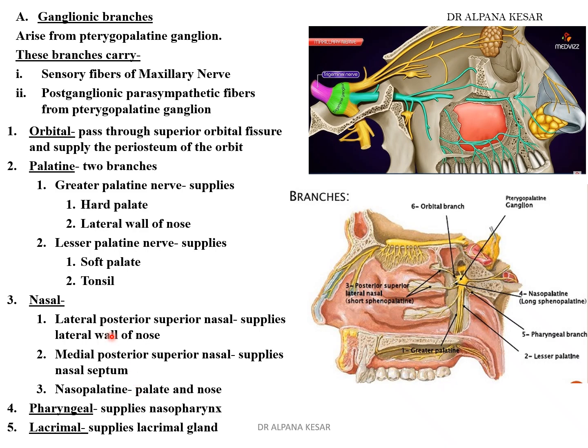The lateral posterior superior nasal supplies the lateral wall of nose. Medial posterior superior nasal supplies the nasal septum, and the nasopalatine supplies the palate and the nose. The pharyngeal nerve supplies the nasopharynx, and lacrimal nerve supplies the lacrimal gland.